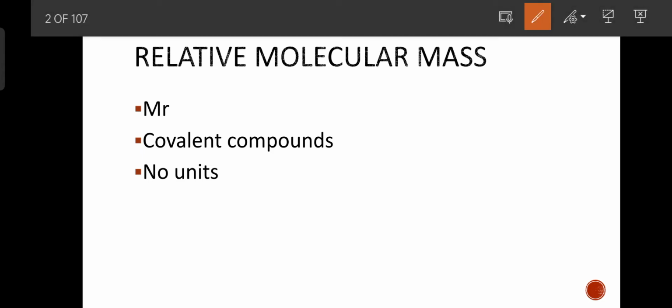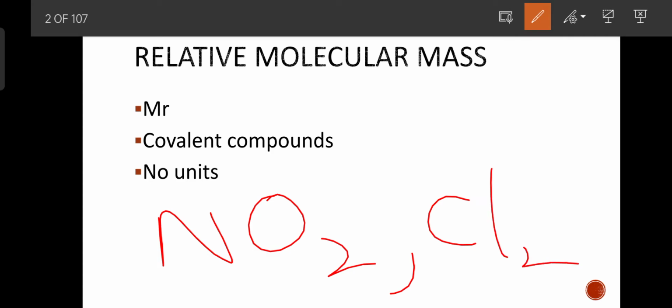What is the formula of nitrogen dioxide? NO2. And is NO2 an ionic compound or covalent? It is a covalent compound because it is formed by the sharing of electrons. Covalent compounds are formed by the sharing of electrons, and ionic compounds are formed by the loss or gain of electrons. So chlorine and nitrogen dioxide are covalent compounds.